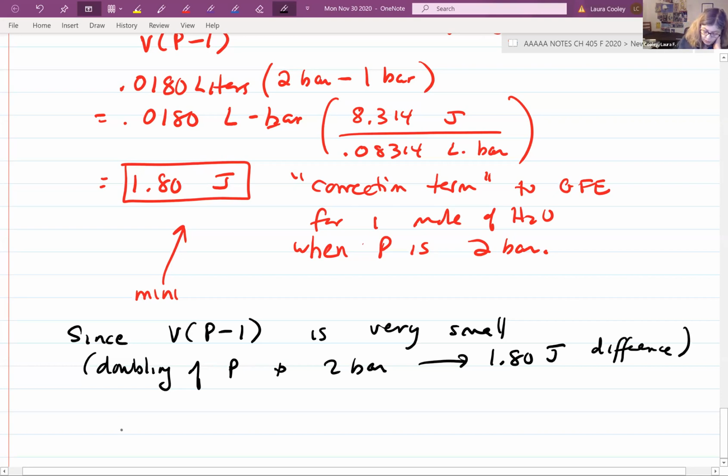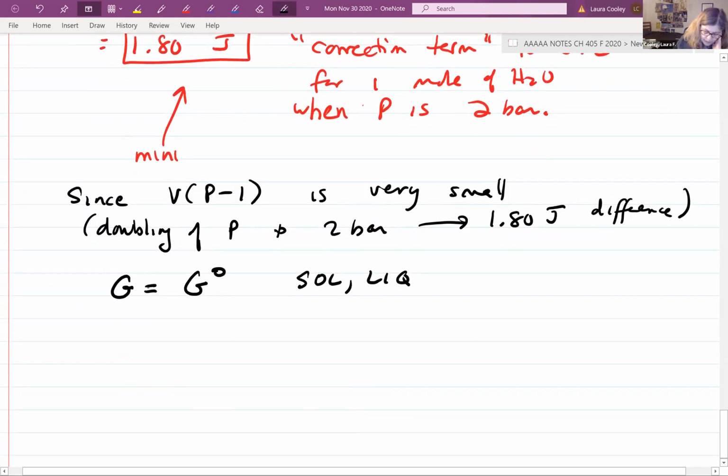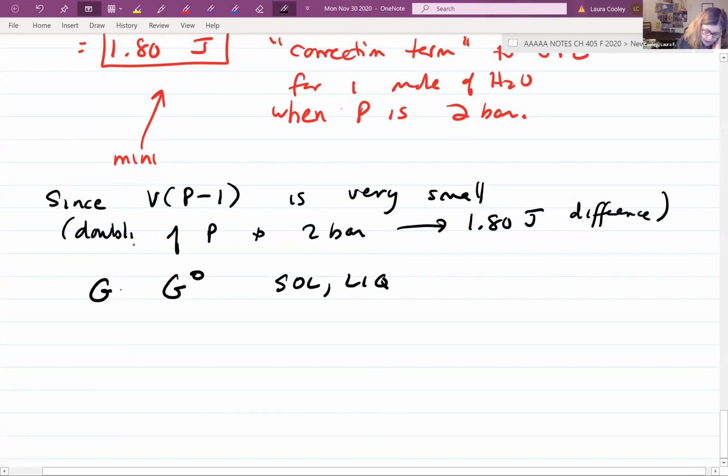That's pretty small. So we would just say that G is equal to G0 for solids and liquids. And actually, a lot of times I just write it like it's approximately equal. It's good enough to be equal. That's how I write it.